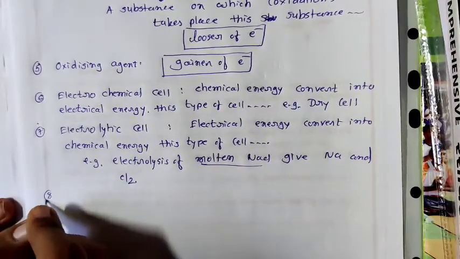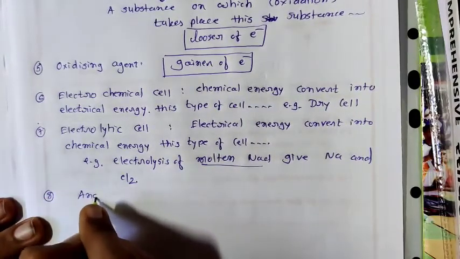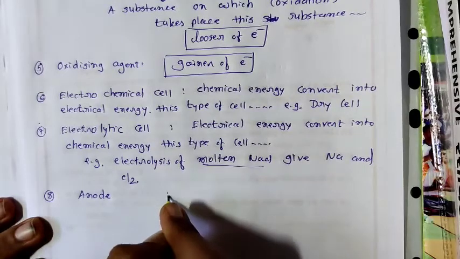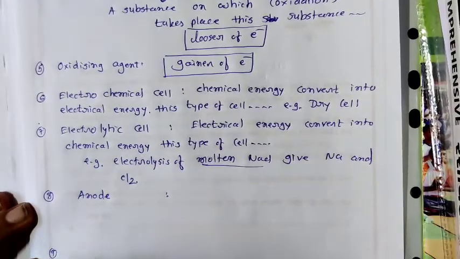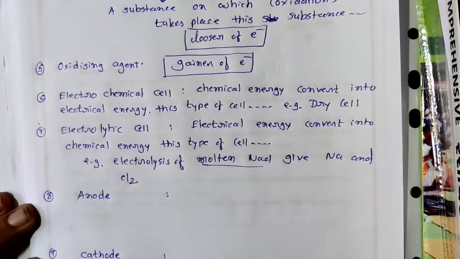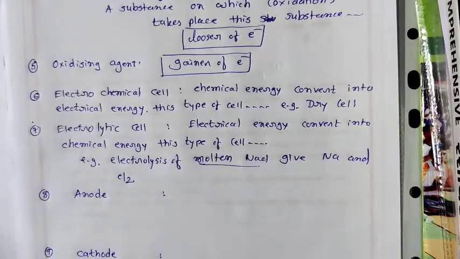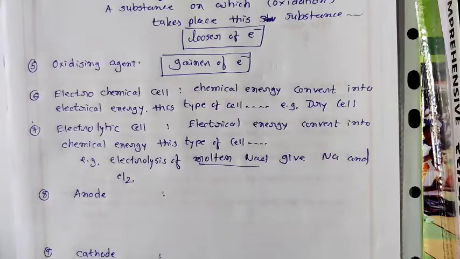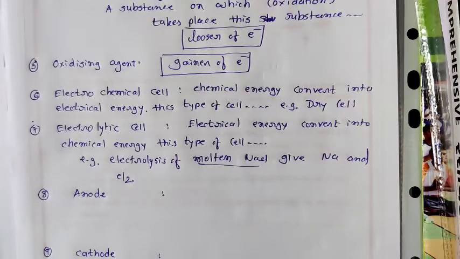Okay, then the definition of anode and the definition of cathode. If I ask you all what is anode, I am confident that many students will answer that positive is anode and negative is cathode.